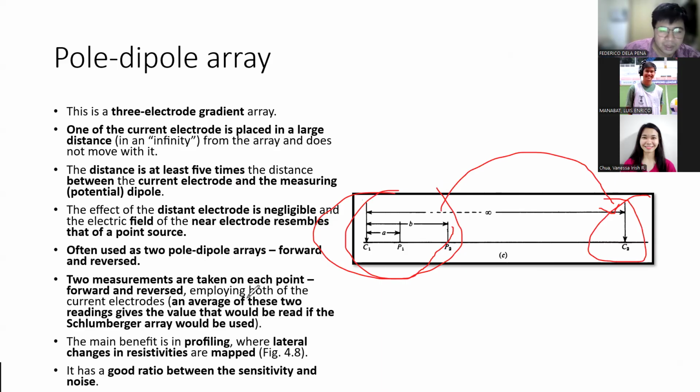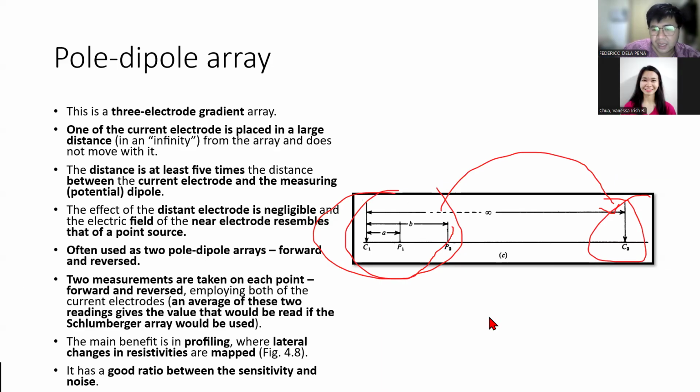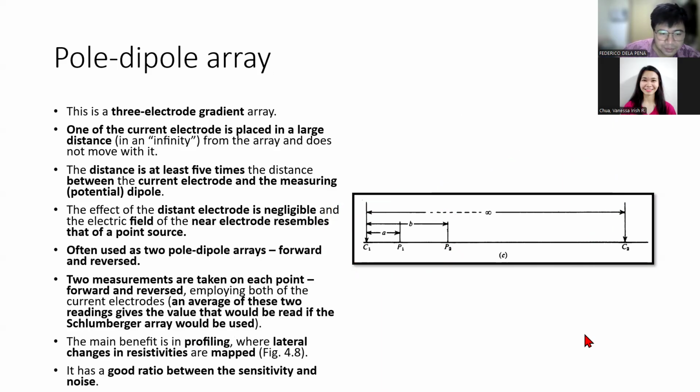Okay, and they sort of get a pair of values. And this is very useful for profiling or for mapping the lateral changes in resistivities.